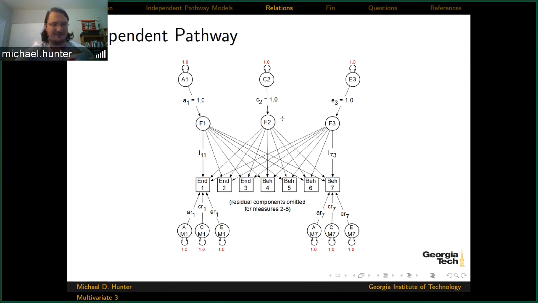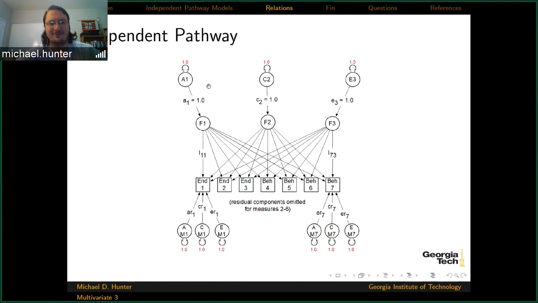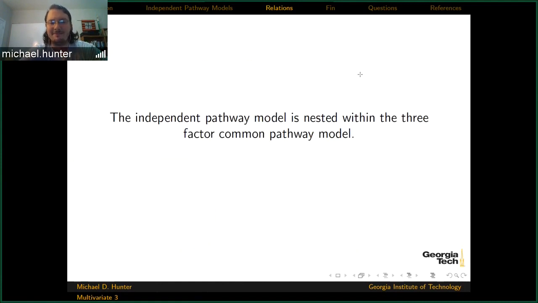And you can see how these models then get nested. You've got a three-factor common pathway model with very specific structures on top of it. So the independent pathway model is nested within the three-factor common pathway model.